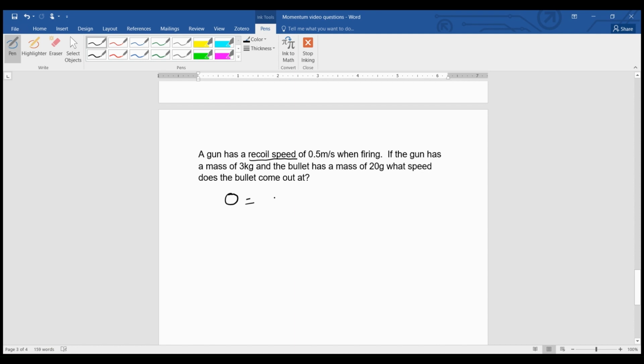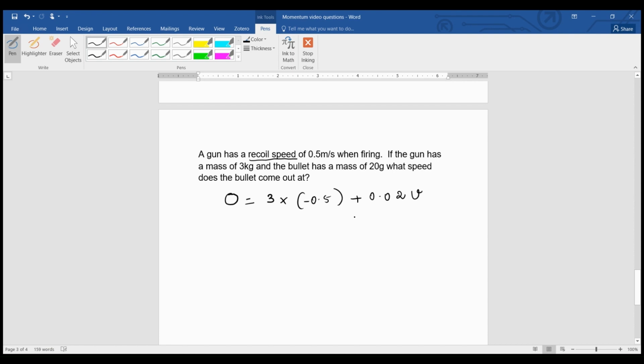So when we calculate the momentum after firing, it's 3 multiplied by minus 0.5, plus, you have to convert grams to kilograms again. So 20 grams is 0.02 kilograms, which is the mass of the bullet, and the velocity of the bullet we have to calculate. So that's V. Now we know the bullet is moving out, so it's moving forward.